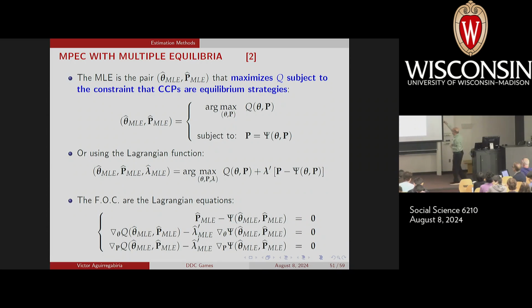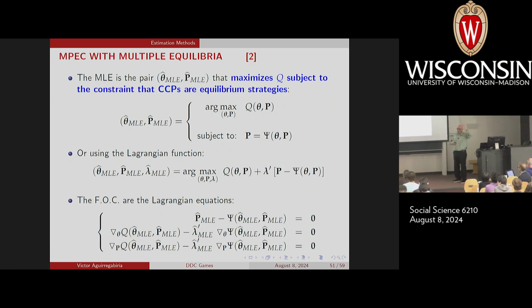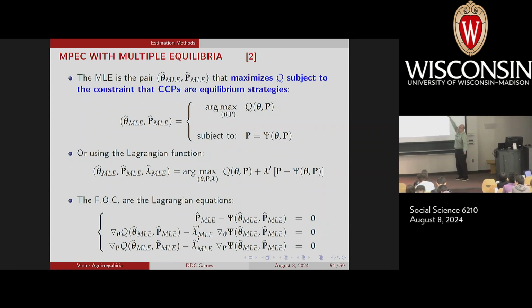It is the value of theta and p. Before, remember that we were maximizing with respect to theta and the type of equilibrium tau. Here we are maximizing with respect to theta and p this pseudo-likelihood function, subject to this equilibrium constraint: given theta, the vector of beliefs, if you want, the vector of choice probabilities should be in equilibrium.